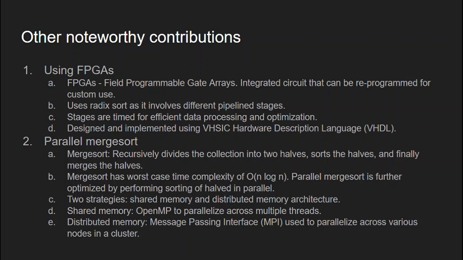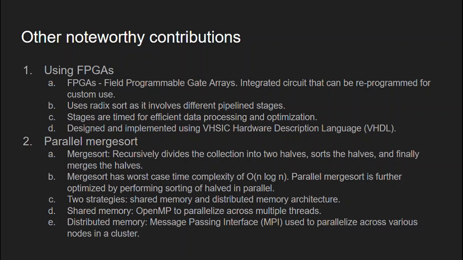These pipeline stages are timed to ensure efficient data processing and optimization to minimize the use of FPGA resources. The design and implementation of this work is described in terms of VHSIC hardware description language, or as we call it, VHDL.